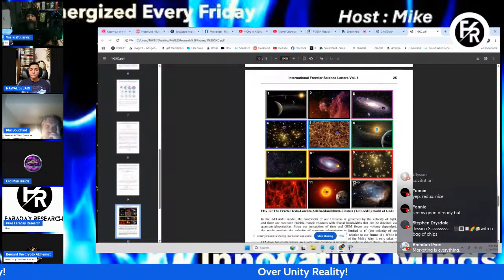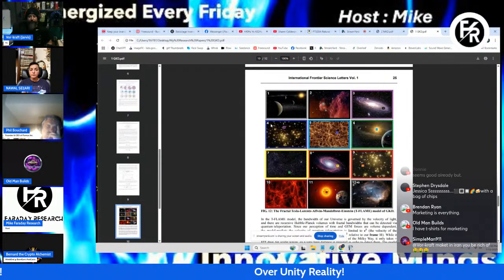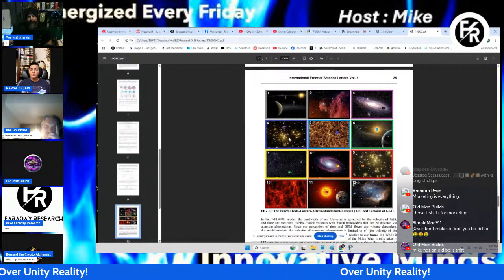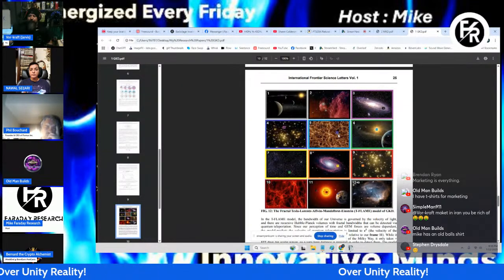You zoom out to 3, and it looks like a galaxy. You zoom out further and you get to 4, a cluster of galaxies. Then you zoom out to 5. It looks like a plasma, a fractal plasma.